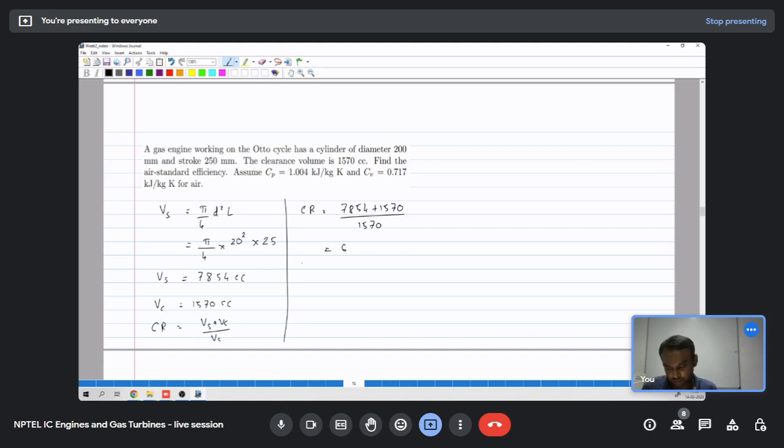For the air standard efficiency, gamma is equal to Cp by Cv, which is 1.004 by 0.717, which will be 1.4. Now the air standard efficiency eta Otto is 1 minus 1 by compression ratio power gamma minus 1, so that will be 1 minus 1 by 6 power 0.4.